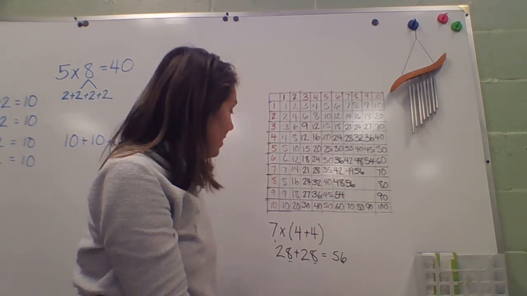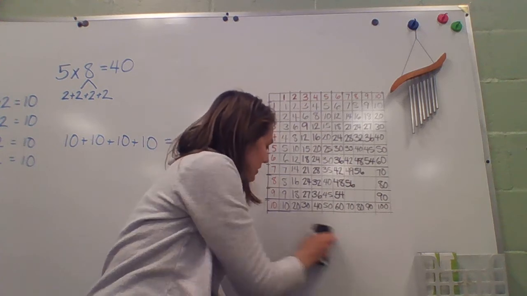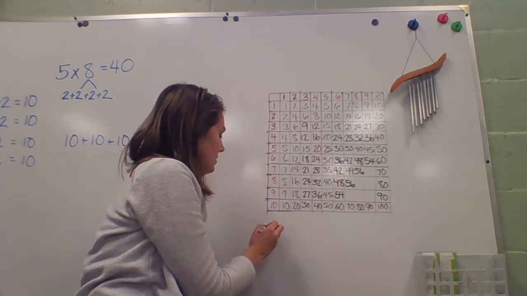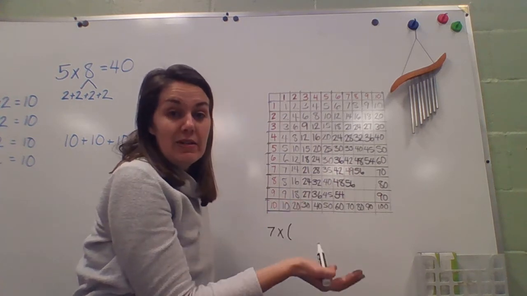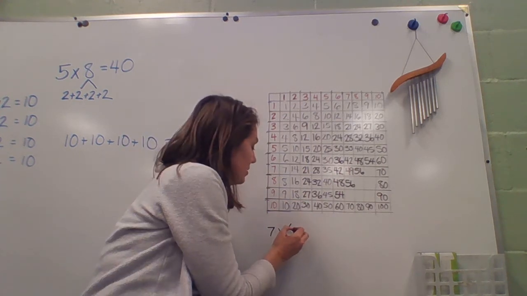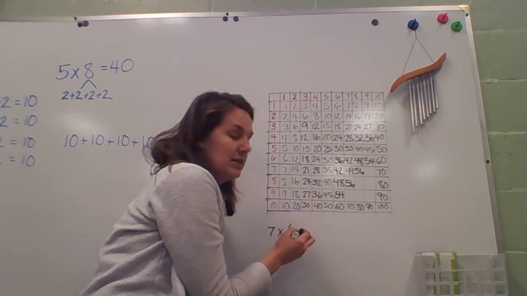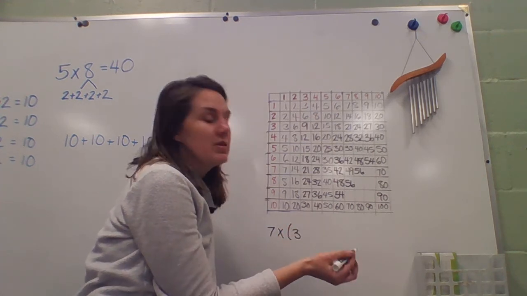Okay. Now we have 7 times 9. I can think of that as 7 times 3 plus 3. Nope, because it's 3 times 3, it would be like 3 plus 3 plus 3.